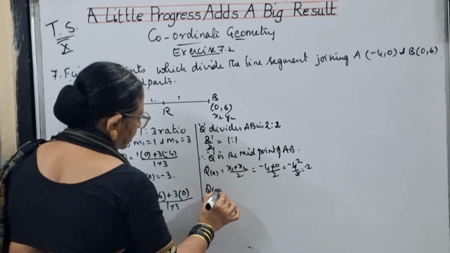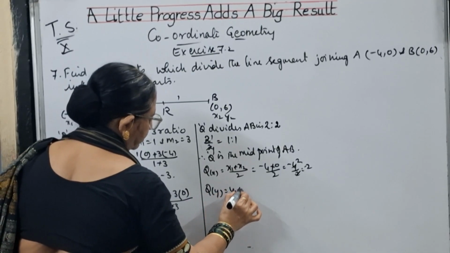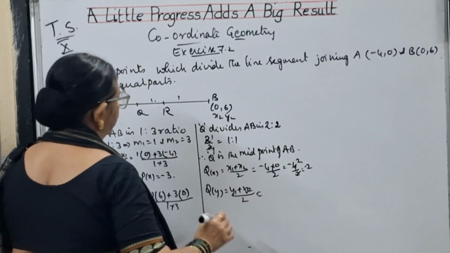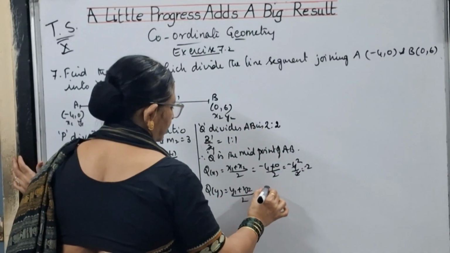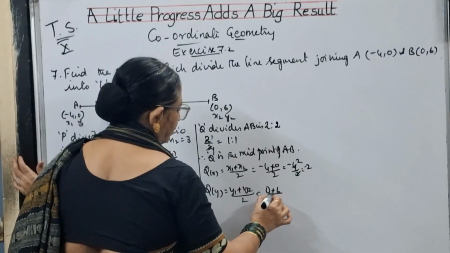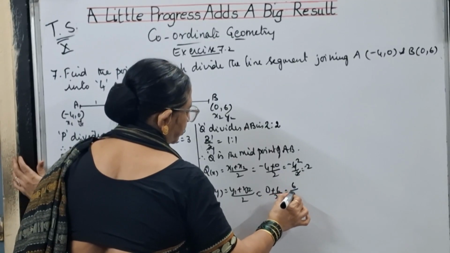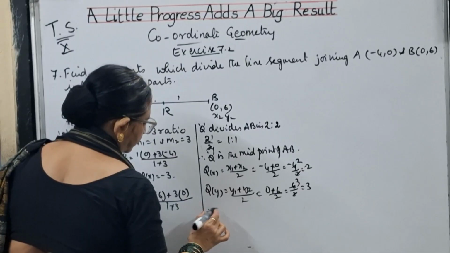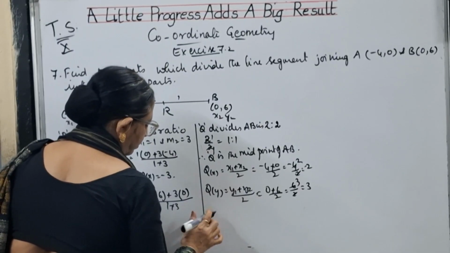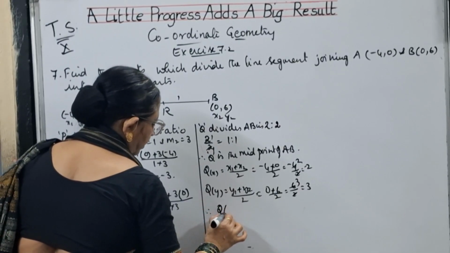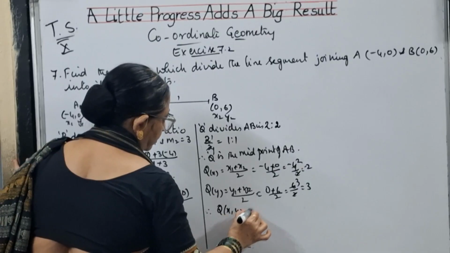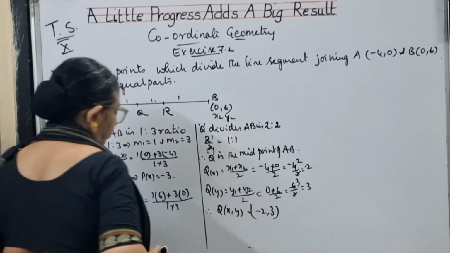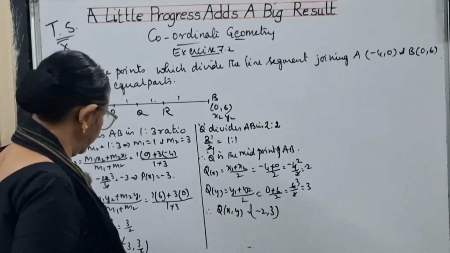Q of y is (y1 + y2) by 2, that is y1 is 0 plus y2 is 6, by 2, that is 6 by 2, that is 3. Therefore, Q of (x, y) is equal to (-2, 3). This is the second answer.